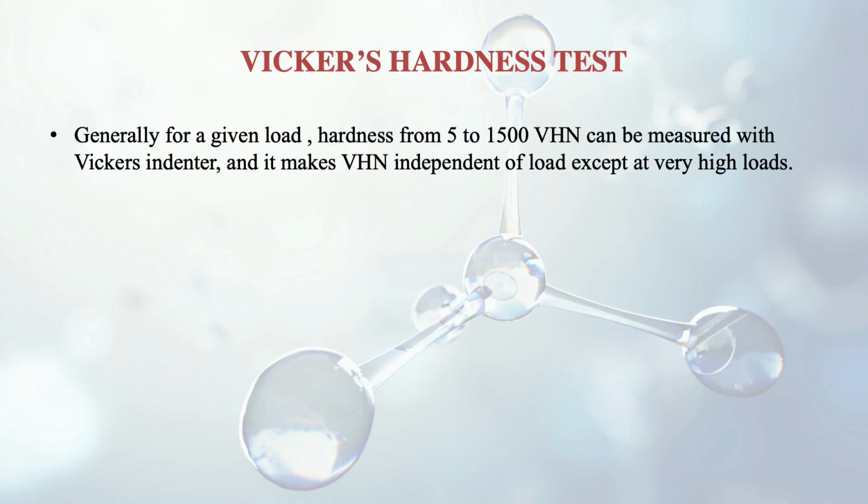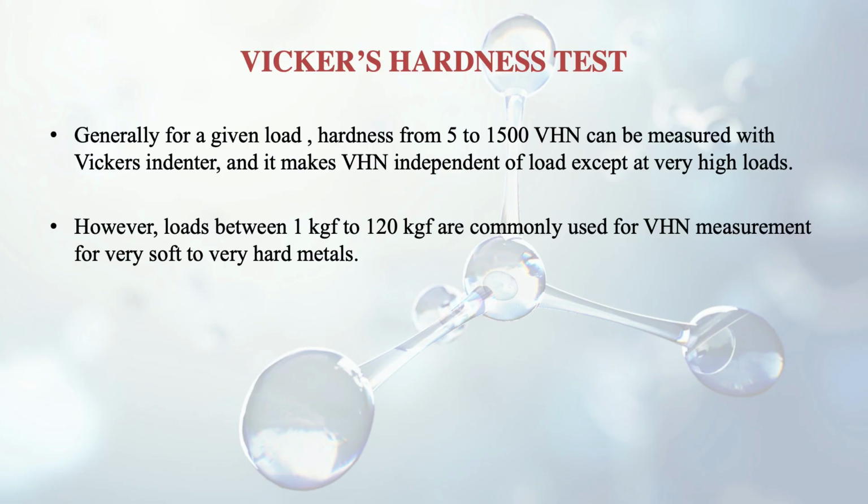Generally, for a given load, hardness from 5 to 1500 VHN can be measured with the Vickers indenter, and it makes VHN, that is Vickers hardness number, independent of load except at very high loads. So leaving aside the very high loads, we can measure hardness for any other kind of load and in a continuous manner in this Vickers hardness test. However, loads between 1 kg force and 120 kg force are commonly used for VHN measurement for very soft to very hard metals.